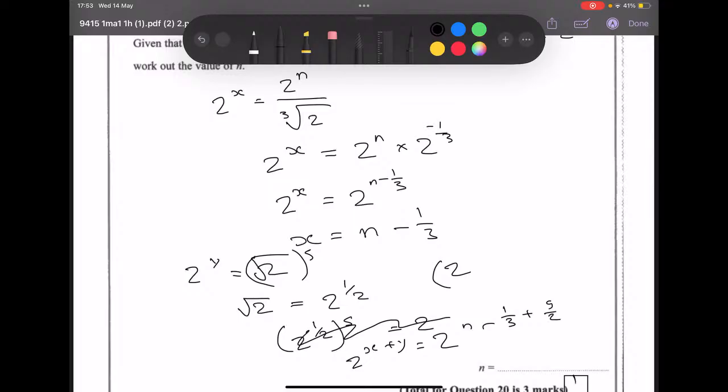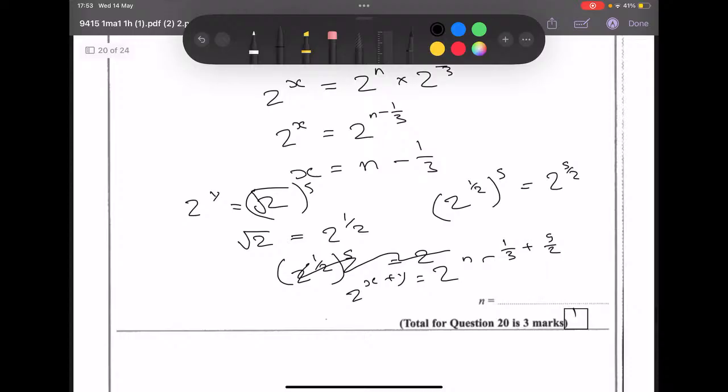And by the way, the part just crossed out is meant to say 2 to the power 5 over 2. If we add this, we can see 8 equals n subtract a third plus 2.5. Therefore, n equals 10.5 subtract a third, which is 5 and 5 over 6.